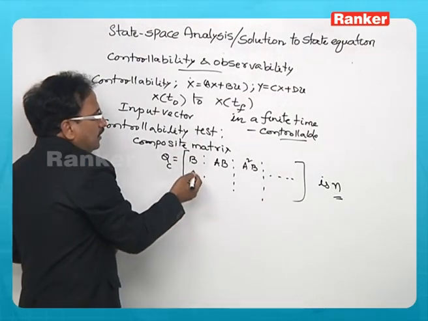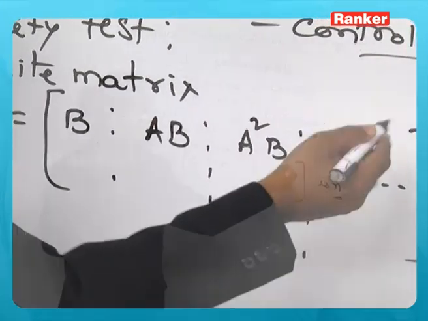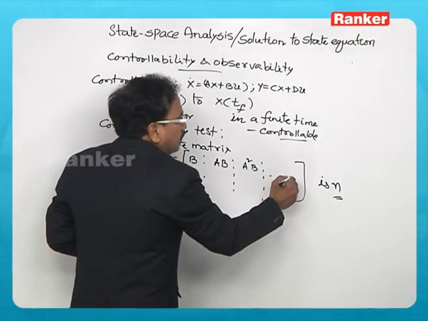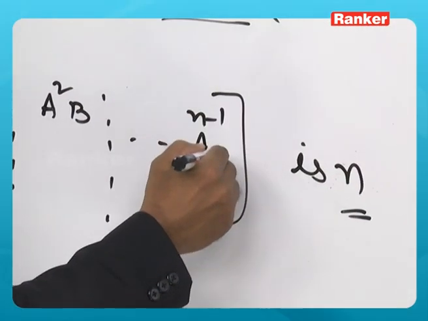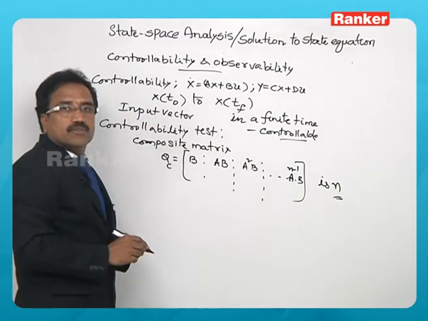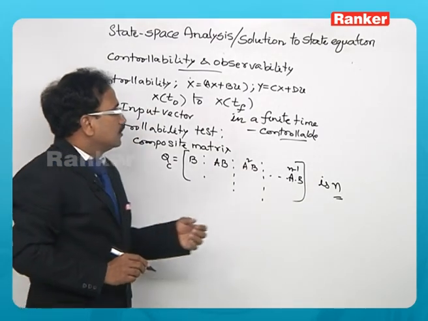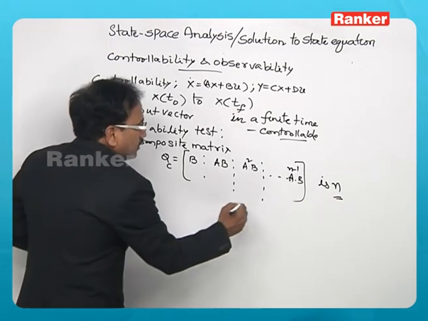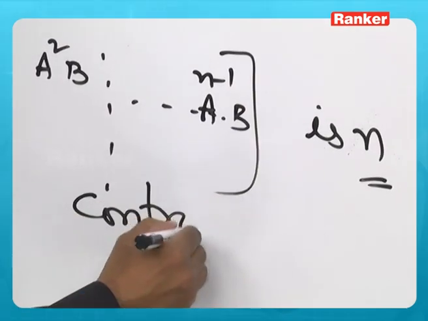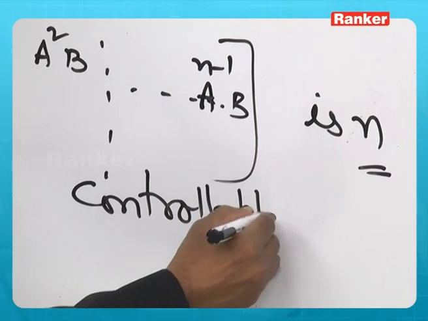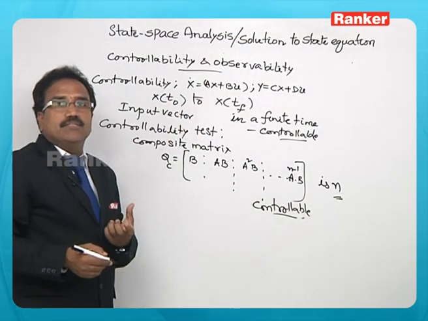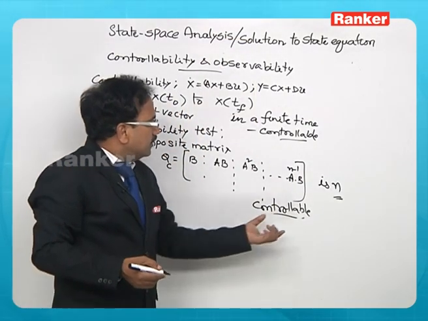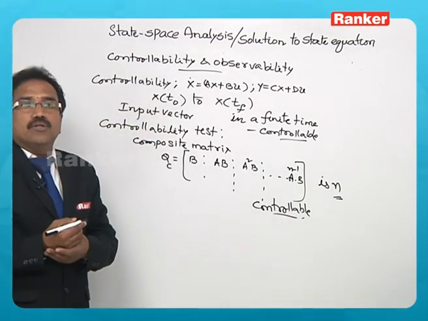So, B, AB, A square B and so on, up to A power n minus 1 into B. So, the rank of that matrix should be n, then we say that the system is controllable. So, it must have non-zero determinant, then we say that it is controllable.